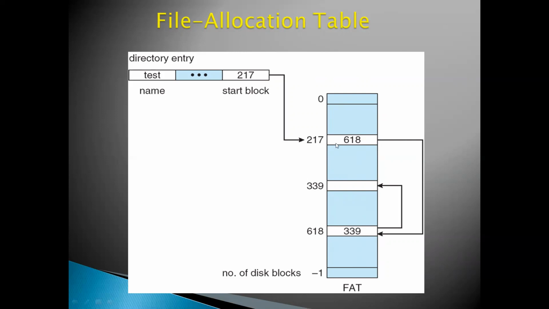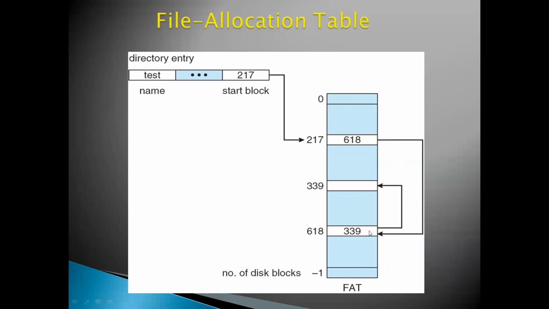So here you have a file allocation table, and this is your directory entry. You can see that this directory entry contains the block number of the starting block of the file. Here the block number of the starting block is 217. The 217 entry contains the block number of the next disk block, which is 618.